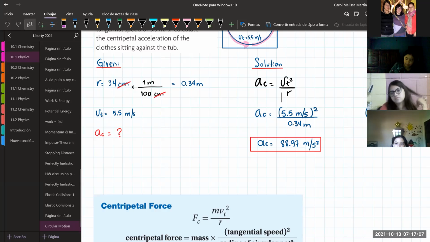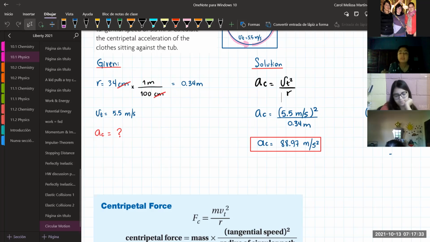Since you are dividing by meters, this square is going to be cancelled with the meters below. Because just remember, meter squared is the same as having meters times meters over second squared divided by meters. So you cancel just one of the meters. And the final answer will be meters in the top, second squared below.